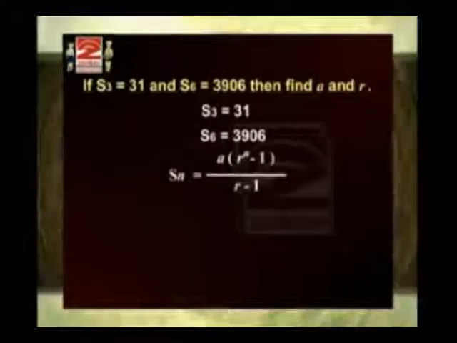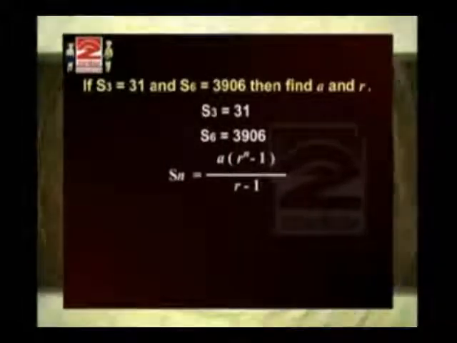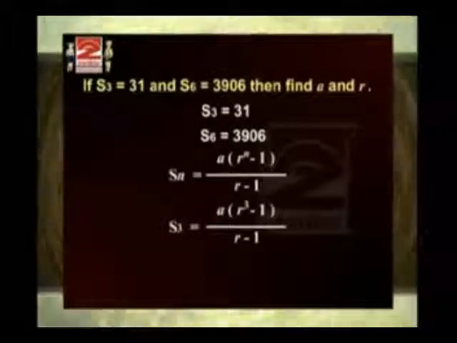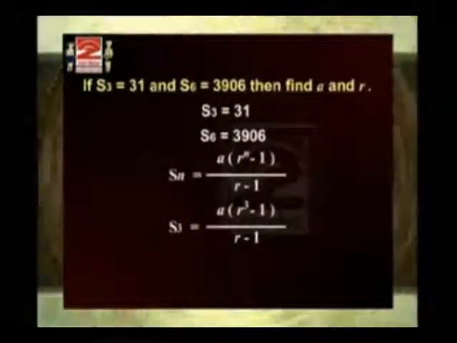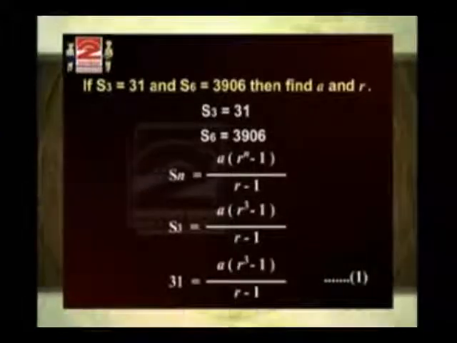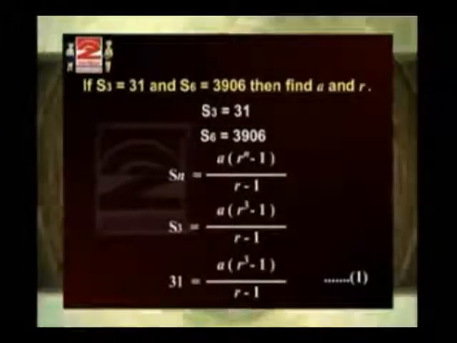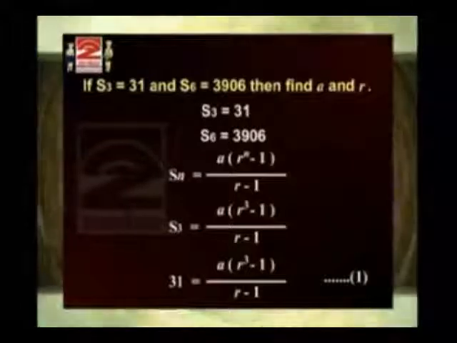Sn is equal to A into bracket R raised to n minus 1 upon R minus 1. So S3 is equal to A into bracket R raised to 3 minus 1 upon R minus 1. So 31 is equal to A into bracket R raised to 3 minus 1 upon R minus 1, equation 1.